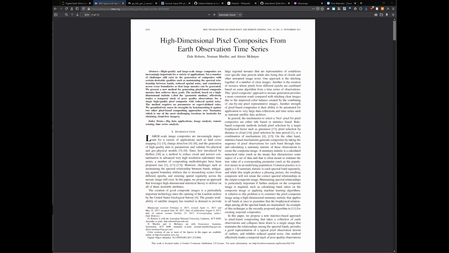So one, you're dealing with the actual basis vectors and trying to move your data into those values, whereas the geometric median is very much concerned with just finding or creating representative pixels out of lots of data.